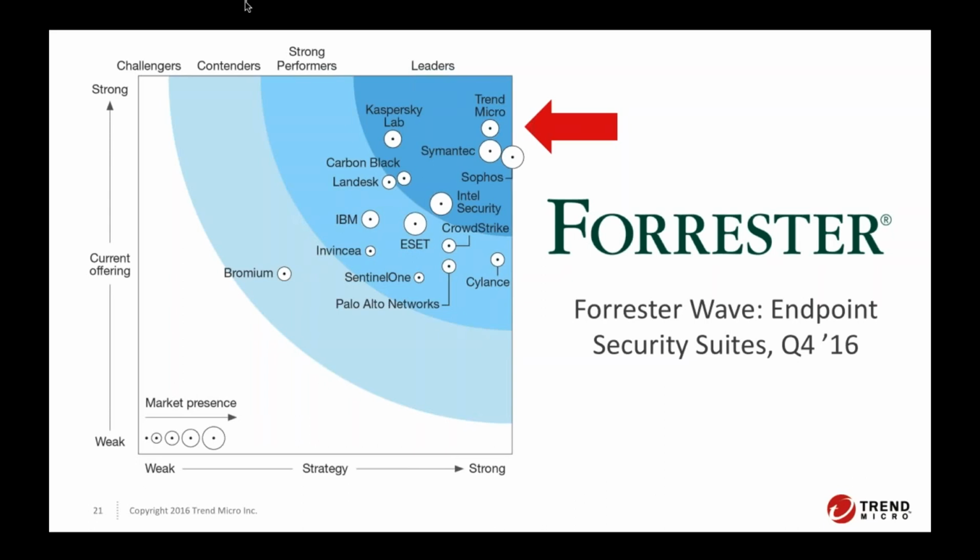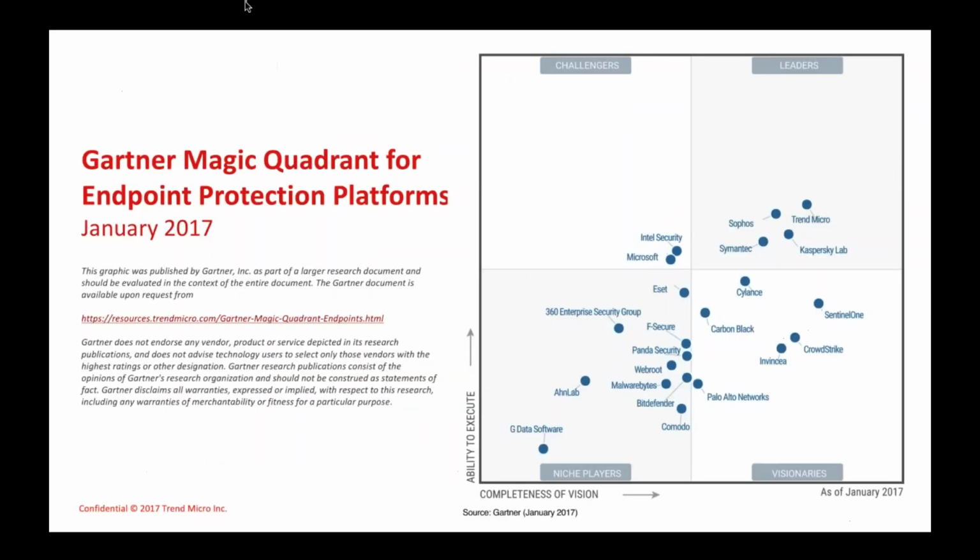Now, it's not just a one-off. We've also got Gartner. This is the latest one as of January this year. This is the second year in a row we've been a leader. We've actually been in the leader quadrant for about nine years, I believe. But what's really key about this is, and I know that Gartner isn't the be-all and end-all, I understand that.